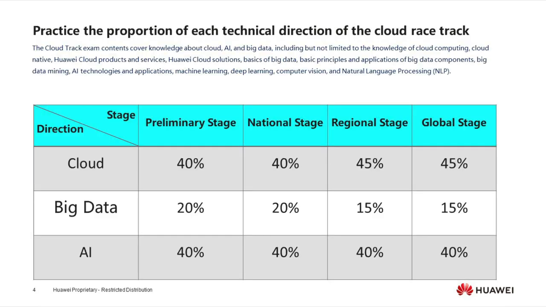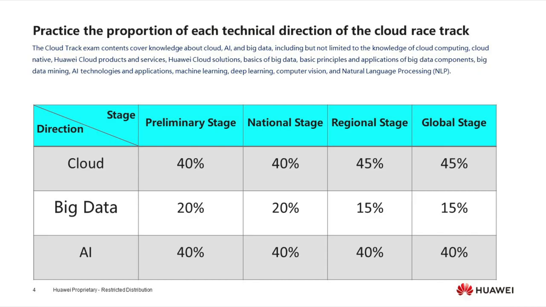So, you might be curious how much percentage each direction is going to occupy, right? So, now I will introduce it to you. First of all, no matter which stage it is, each direction would appear. There is no stage with no big data or no AI.